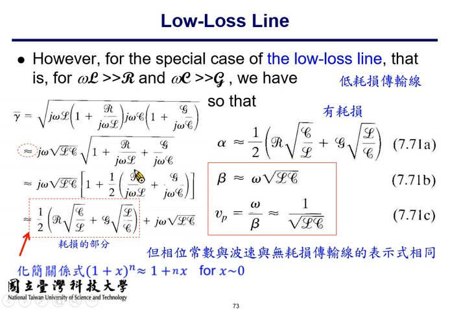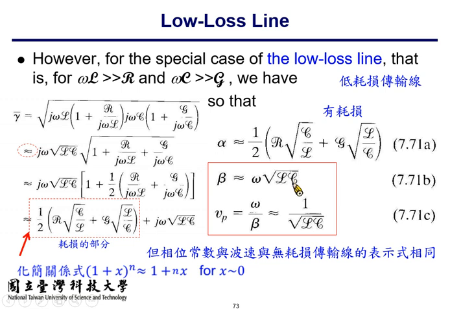In this equation, the imaginary part is j omega times the square root of L times C, which is actually the same as the beta in the lossless transmission line.